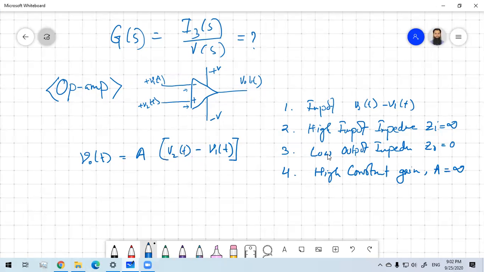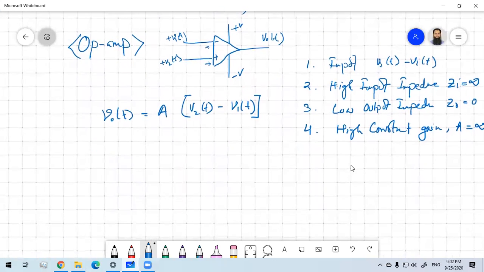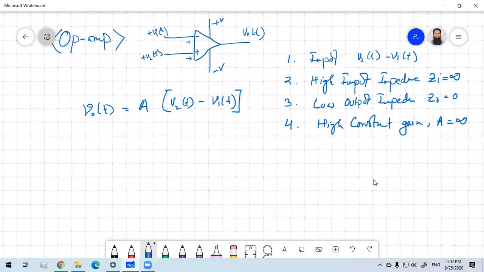As you can recall, the op-amp operates in two modes: inverting and non-inverting. We start by reviewing the inverting one first, the inverting operational amplifier, op-amp.